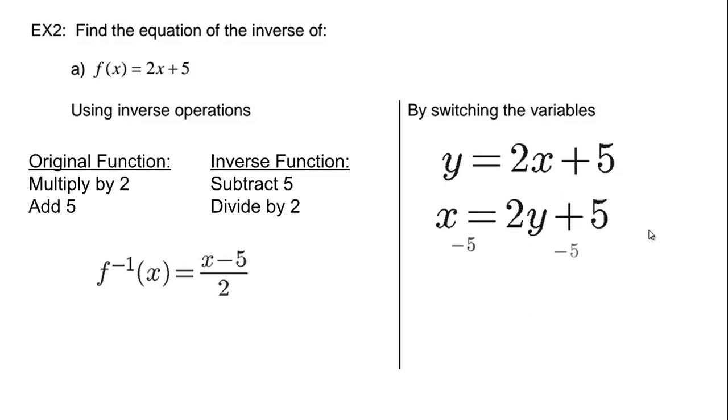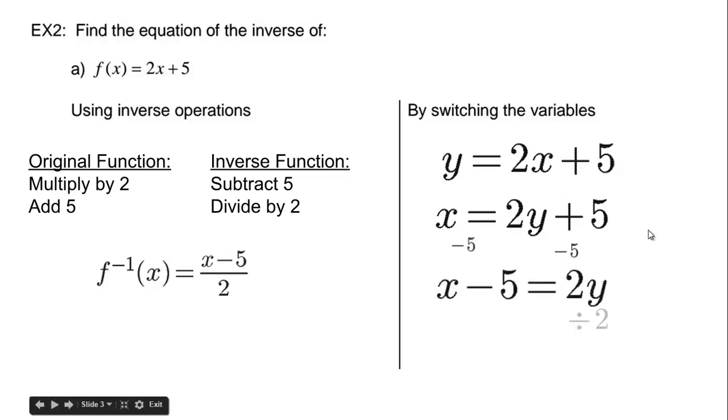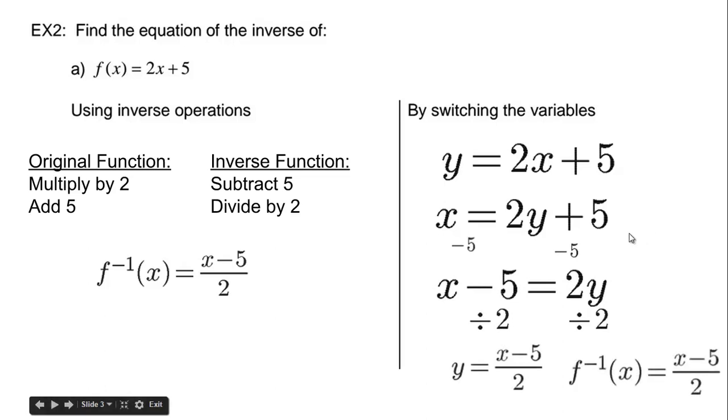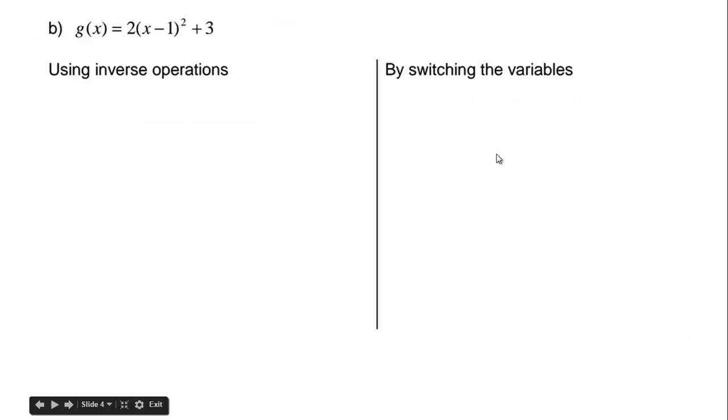So we're going to subtract 5 from both sides, and divide by 2 on both sides, and so we get y equals (x minus 5) over 2, and really that's the same thing, f inverse. And we do write that notation too, just because this is related to f, so we write f inverse. We can come back to this example on a graph in a second.